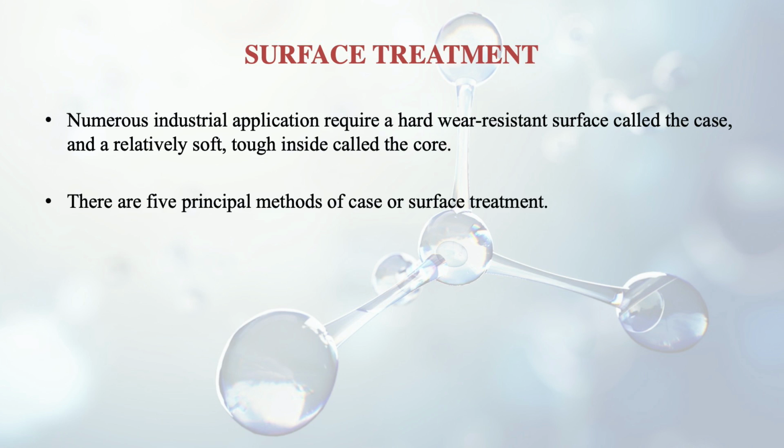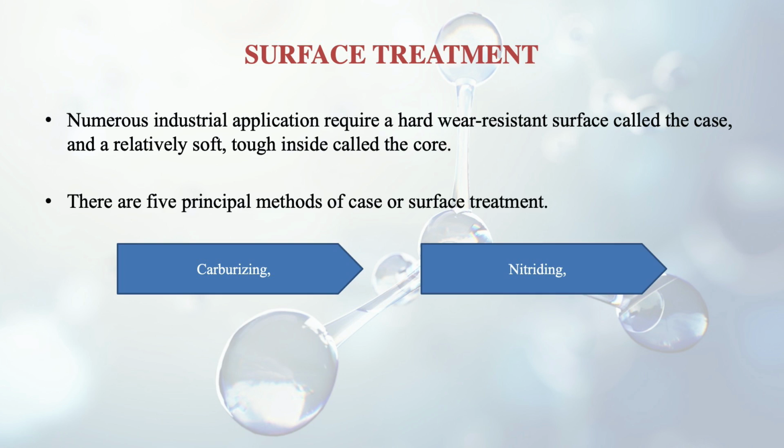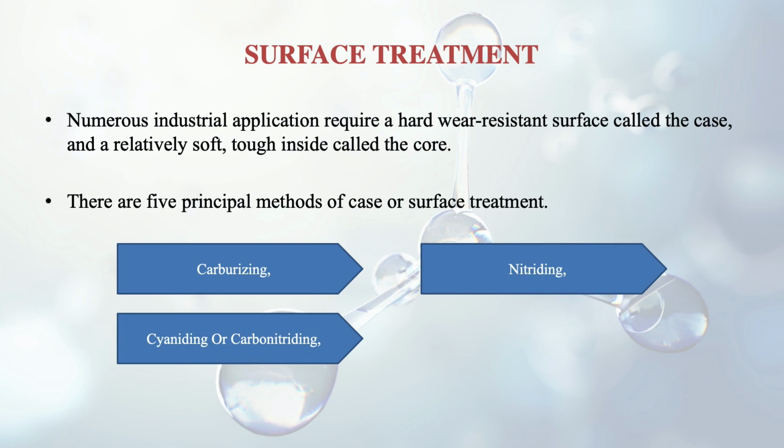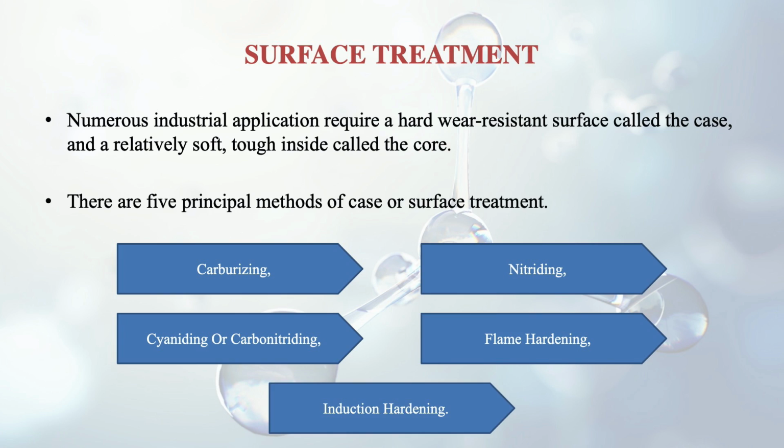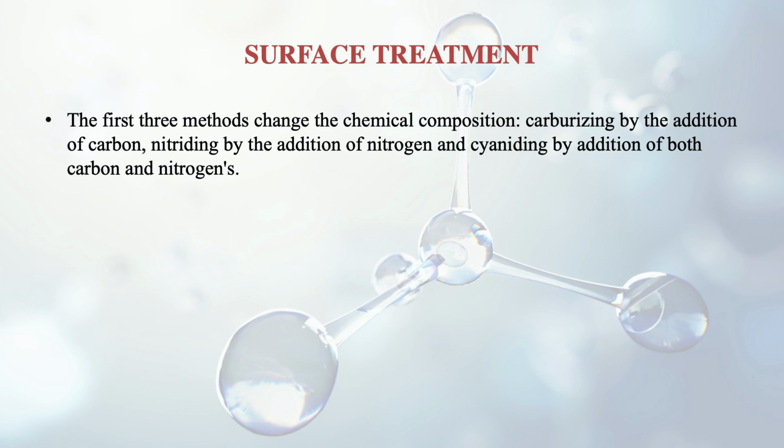There are 5 principal methods: the first one is carburizing, then nitriding, then cyaniding or carbonitriding, then flame hardening and induction hardening. Out of these 5, in the first 3 we vary the chemical composition.